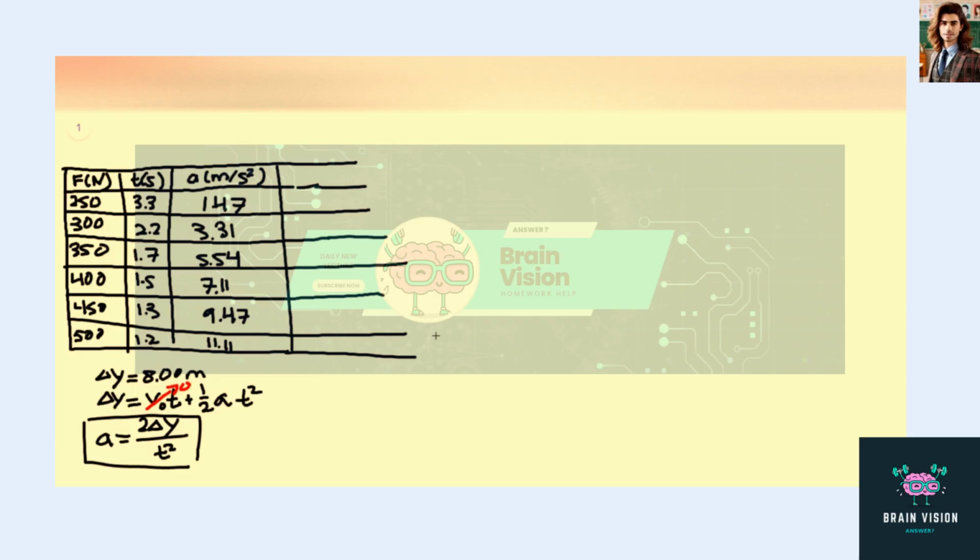So now we can finally do part A, which is to plot force as a function of acceleration. Hopefully that graph will be big enough. On the y-axis we have force measured in newtons, and on the x-axis acceleration measured in meters per second squared.